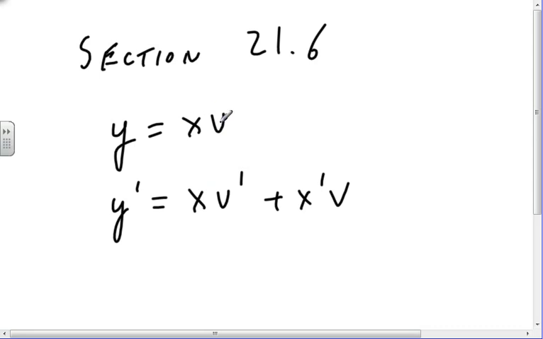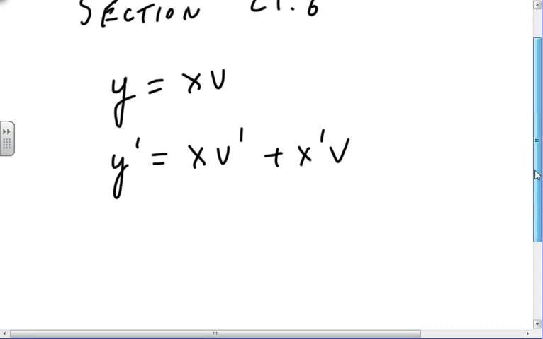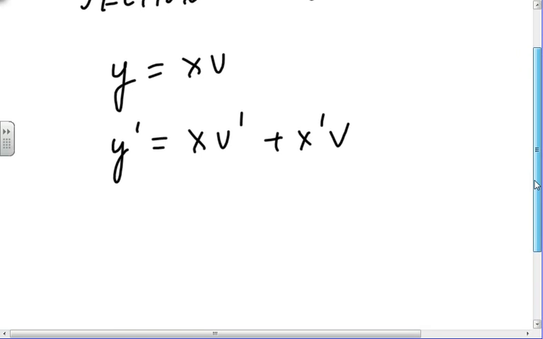So if I have the product of two functions, I take the derivative of one times the other plus the derivative of the one I didn't take the derivative of times the other guy.